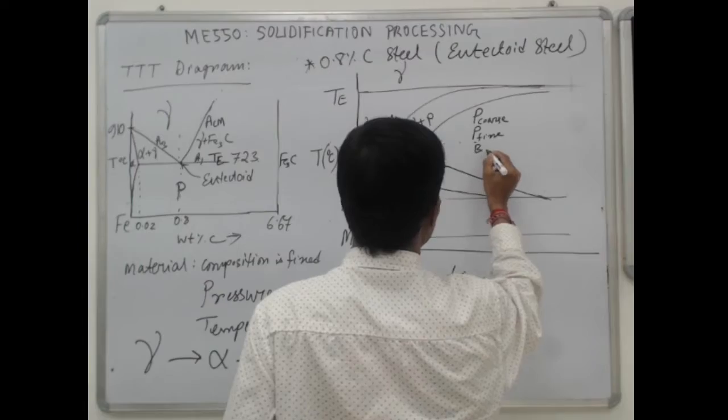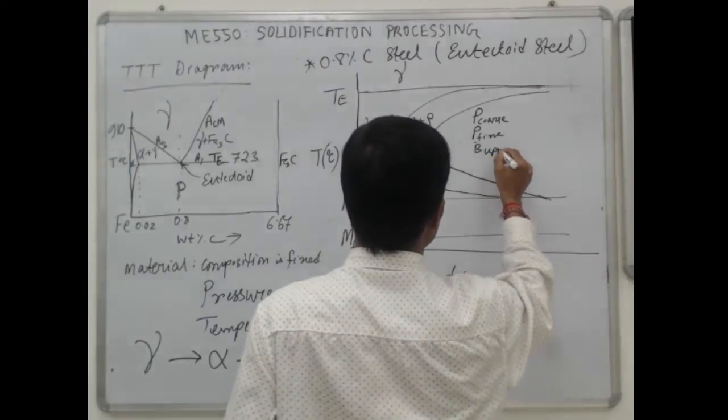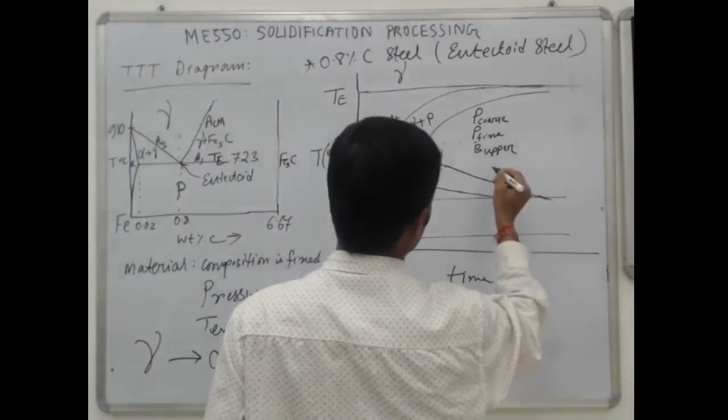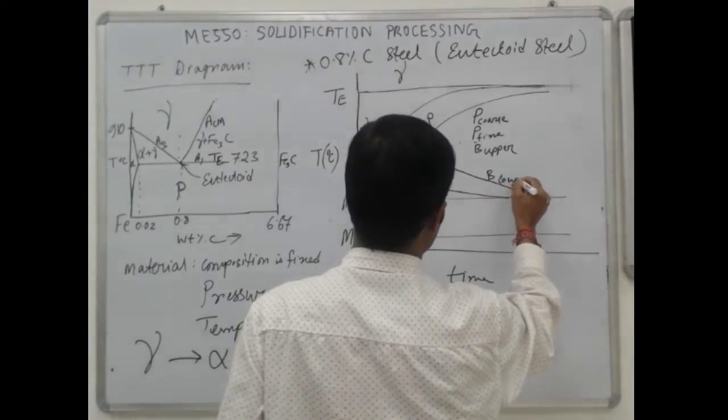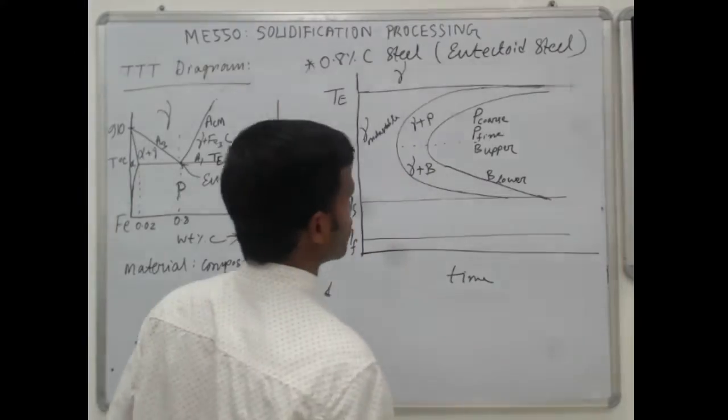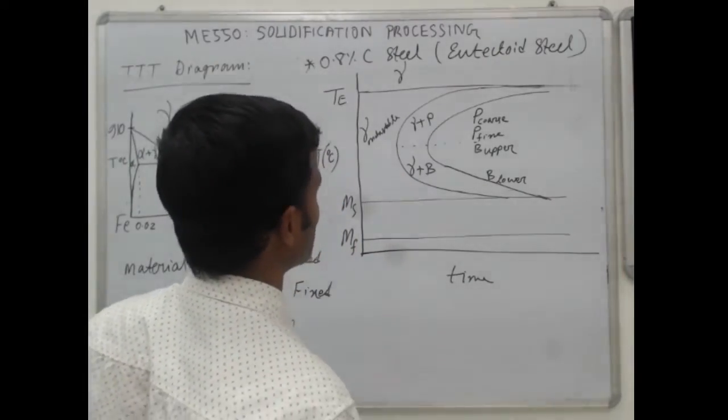Here it is bainite, called upper bainite or coarse, here it is called lower bainite, or fine bainite.